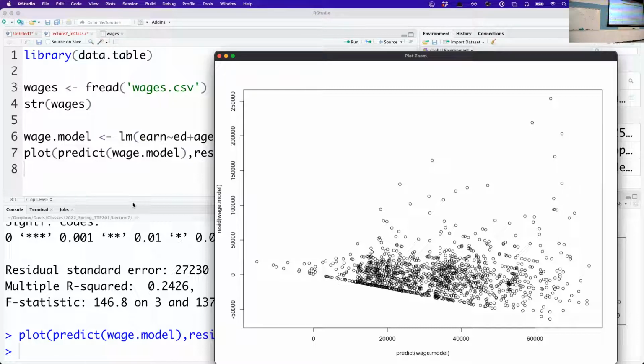So if there's some kind of cutoff in your data, that can be one of the reasons why this happens. Can anyone think of a cutoff that might be appearing in this data as it pertains to wages? No one? Yeah, there's no wages below 0, right? And so that might be one of the reasons.